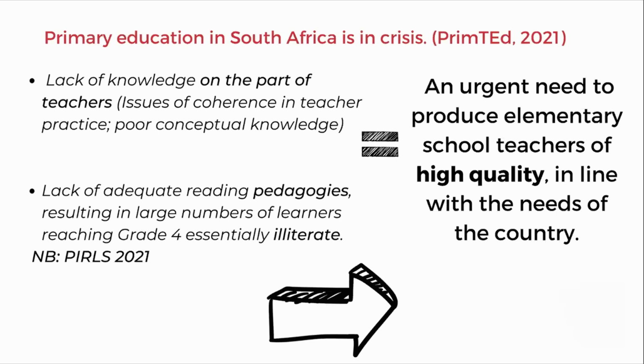So it's the whole idea that there's an issue of coherence in teacher practice, and that they don't necessarily have those conceptual tools that they need. And this has resulted in a lack of adequate reading pedagogies. Okay, how we are teaching reading, how we understand reading development. And so one of the responses to this needs to be an urgent production of teachers of a high quality, so that we can then bridge this gap and solve this problem. So that's the context of my study.